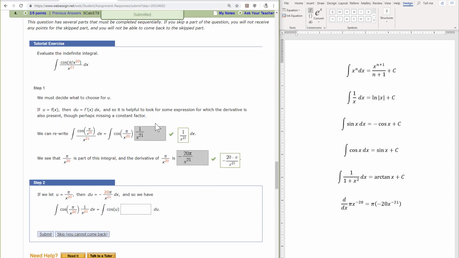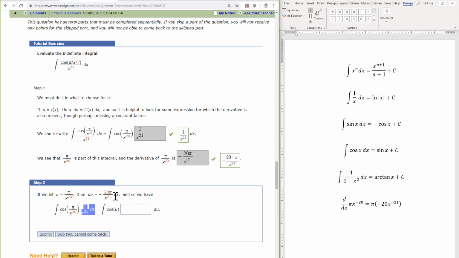And the powers are a little tricky because you're dealing with powers in a denominator, so just be careful with that. So with a proper u substitution, du is going to be equal to this thing. Now if that's what du is equal to, we want to replace this dx with that.